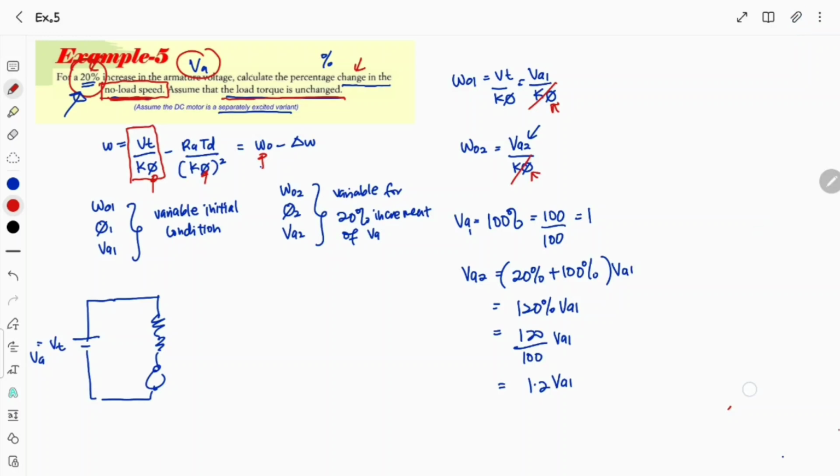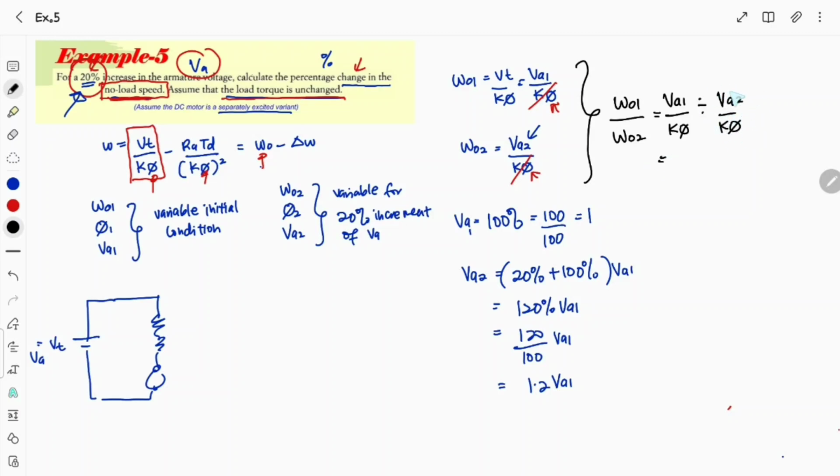At the same time, you can also make the ratio between no load speed 1 and no load speed 2. If we write back the equation, it is VA1 over kV divided by VA2 over kV.